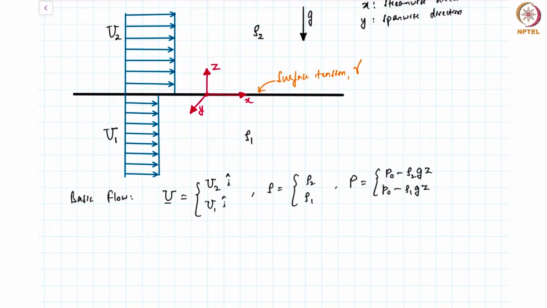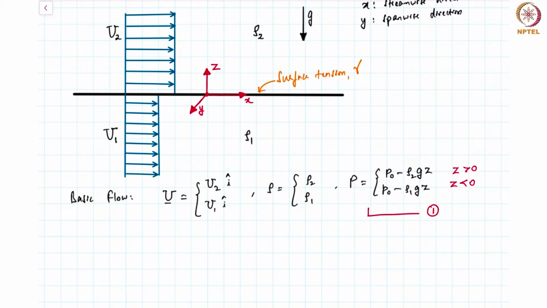So this is for z greater than 0 and this is for z less than 0. All the quantities with the subscript 2 are for the upper stream and the subscript 1 is for the lower stream. So we'll number this as 1.